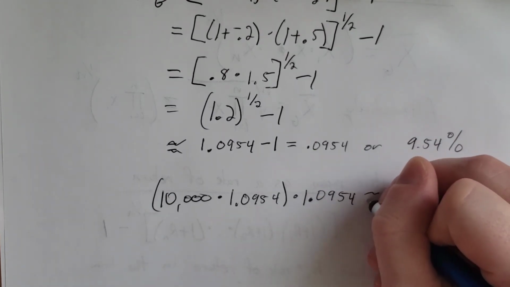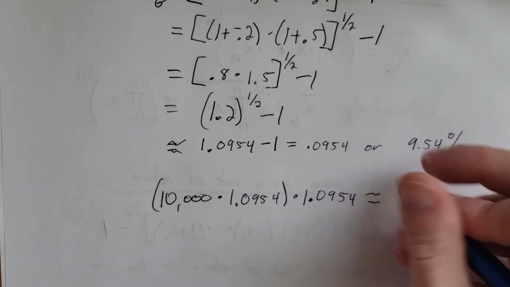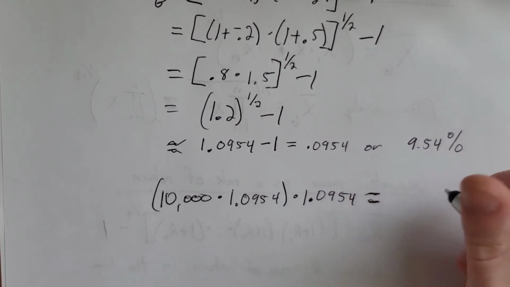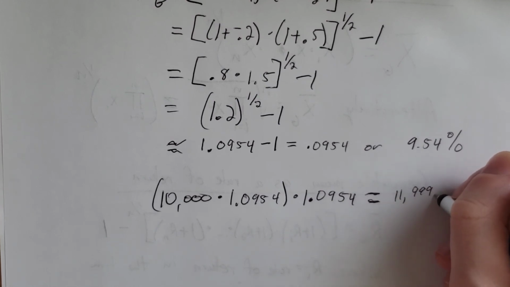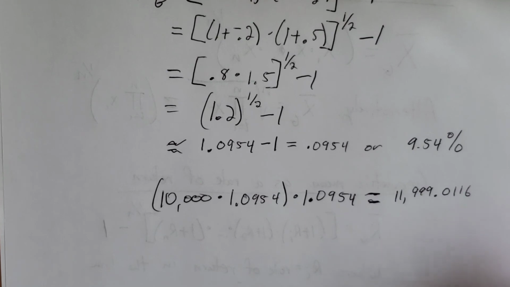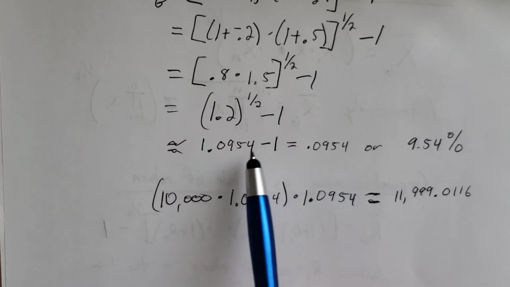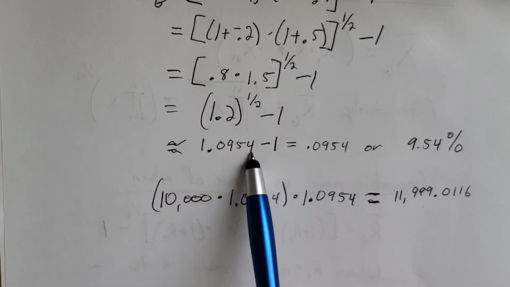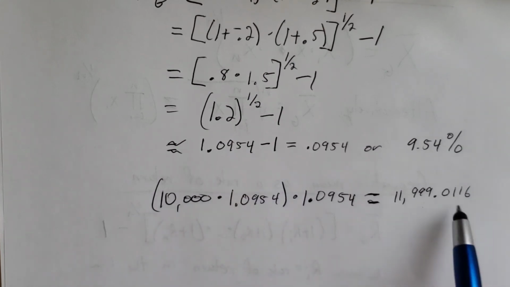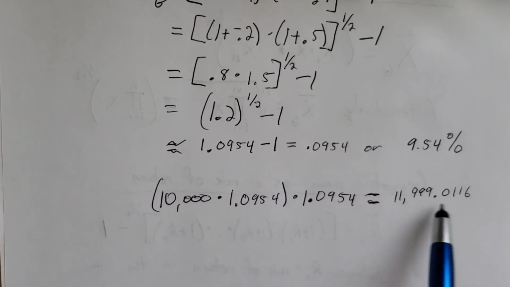And this is approximately, or actually I think equal to here, we're not going to need to round here, $11,999 and approximately 1 cent. Now, we didn't, of course, get exactly 12,000 here because we did round this value when we took the square root. If we rounded this to more decimal places, this number right here would get much, much closer to 12,000.